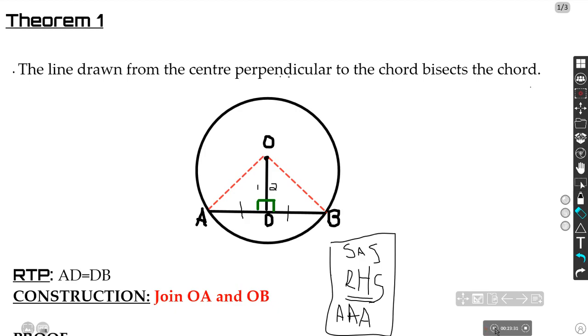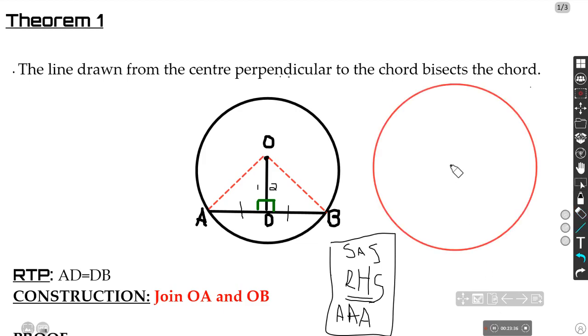Let me give you a trick on how I master these things. For this trick, you need to come with a pen and a clean paper. Draw your full circle. We're going to state Theorem 1 and draw at the same time. This way, it's going to stay in your brain.